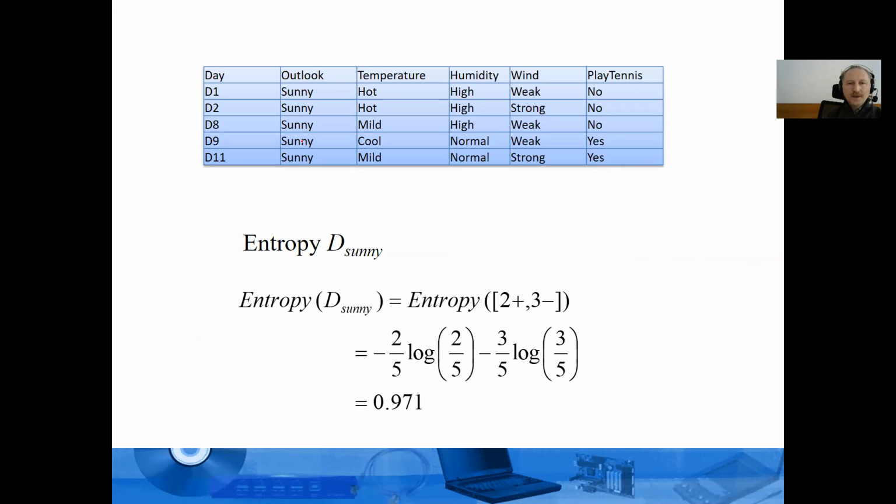That's outlook sunny. Now our data set is not the whole data set, it is this one.